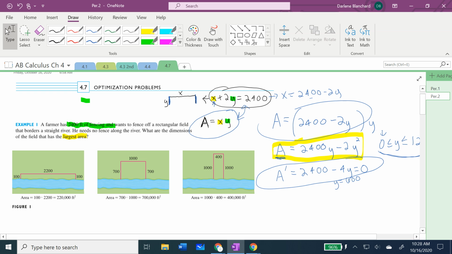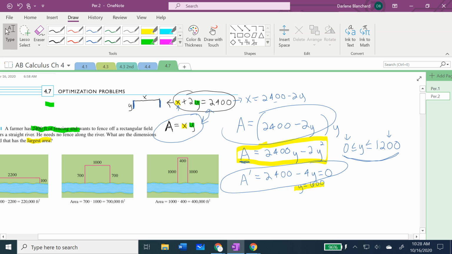You should be able to look at this and make enough logical sense to recognize that 600 is where it's optimizing without needing to go through an explanation of the domain possibilities of that y dimension, and then checking to see which one gives you the largest area. It should be logically obvious. So on my tests, I don't get too picky about that.